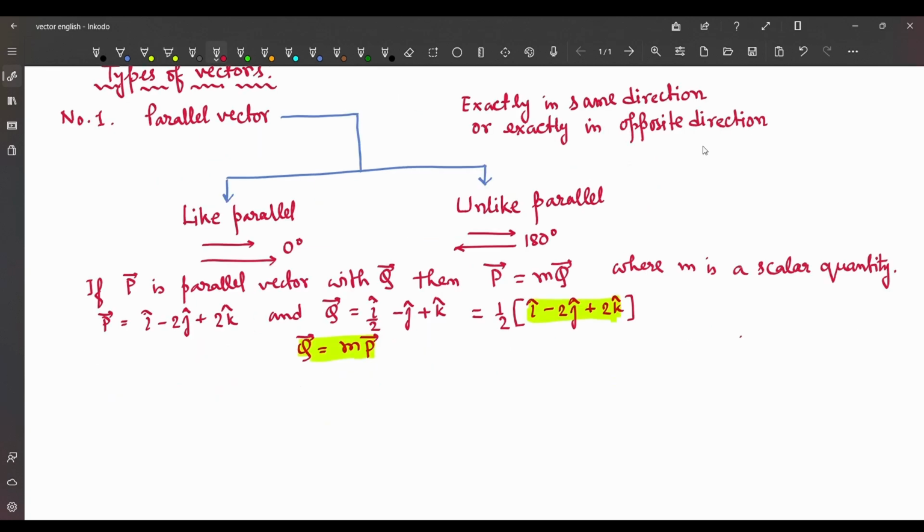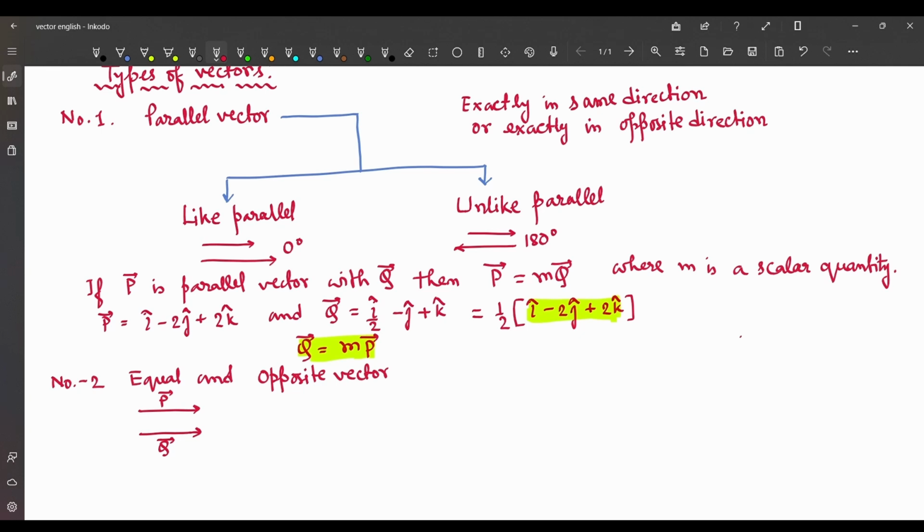Number 2. Equal and opposite vectors. If two vectors have equal magnitude and the same direction, that means if two like parallel vectors have the same magnitude, then we can treat them as equal vectors. Suppose here P vector and Q vector both have the same magnitude and same direction. So we can consider them as equal vectors.